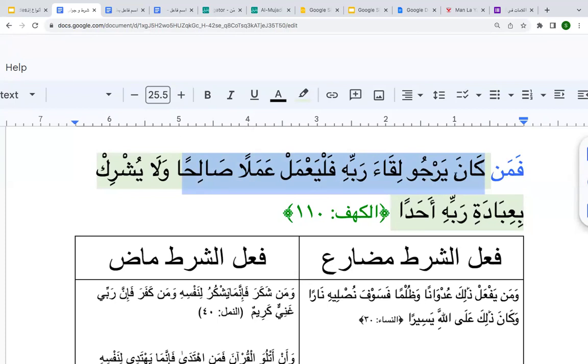All together. في محل رفع خبر من, because every time man is followed by kana, man is going to be labeled as mubtada, and man shartiya is going to be labeled as mubtada, and its rest is going to be the khabar. I hope this was clear.